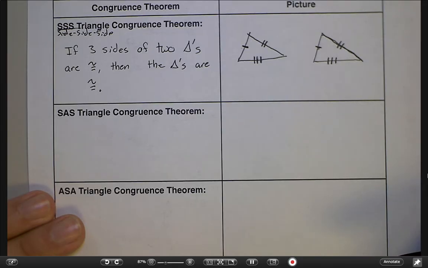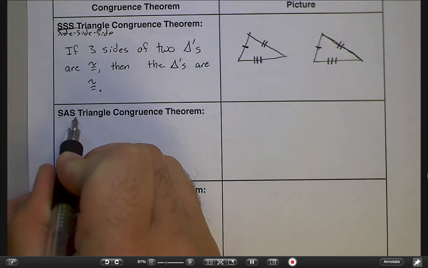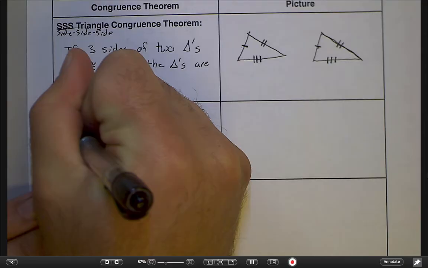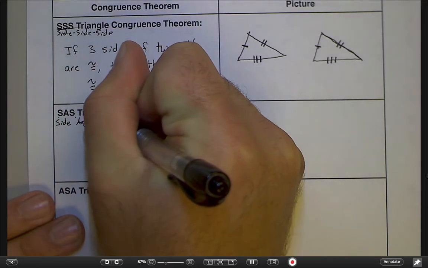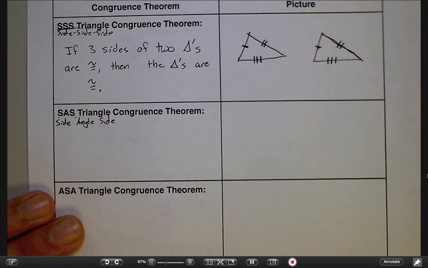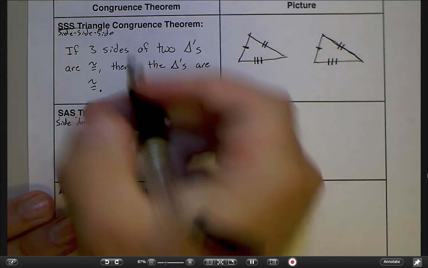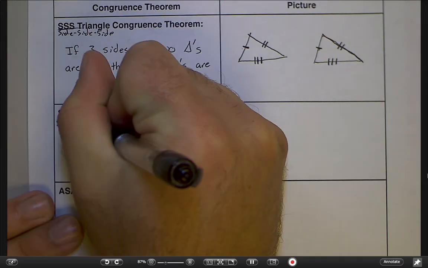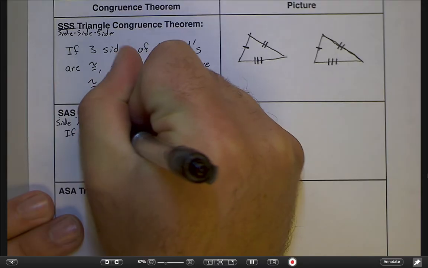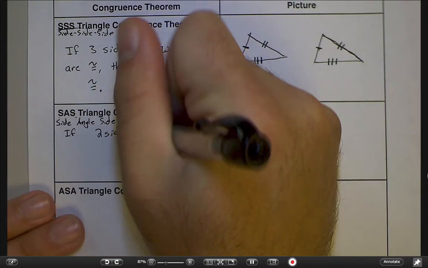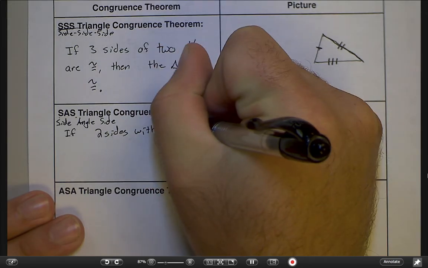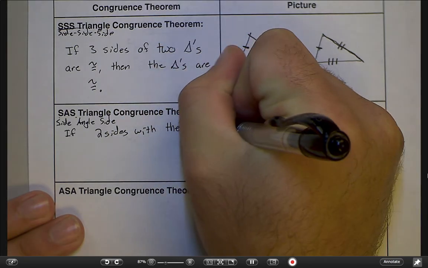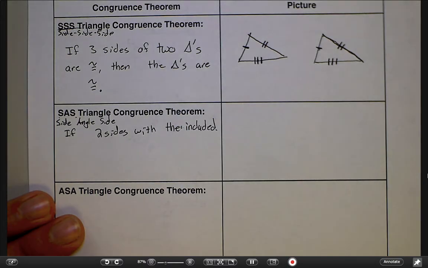Our next one is SAS. So again, S here is standing for the sides, and the A in the middle is the angle. Okay, so if I have an angle between 2 sides, then I could also say that they're congruent. Okay, and so to put that into words here, we're going to say if 2 sides, again really 2 pairs of sides, with the included angle, talk about what that word means in just a second.